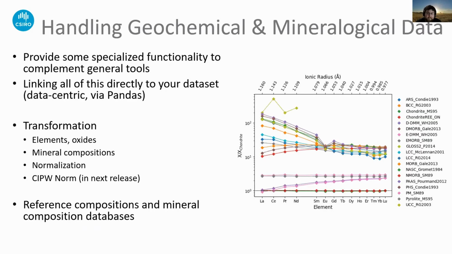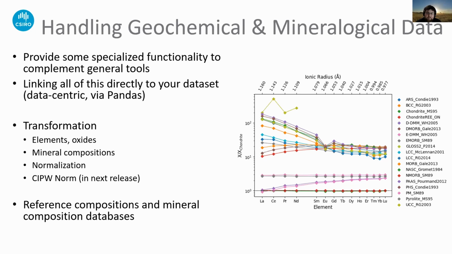So when it comes to what Pyrolite can help you do, Pyrolite aims to provide some fairly specialized functionality to complement the general tools which already exist, simply so you can get started with your data faster. And generally the interface is designed around your data and designed to be able to interface with the existing tools there.